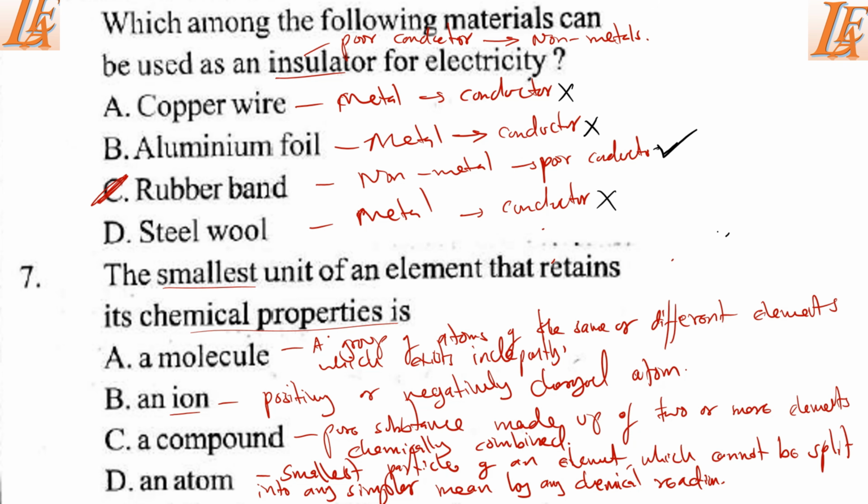Therefore, in this case, the smallest unit of an element that retains the chemical properties of the element is an atom. So the correct answer is an atom.